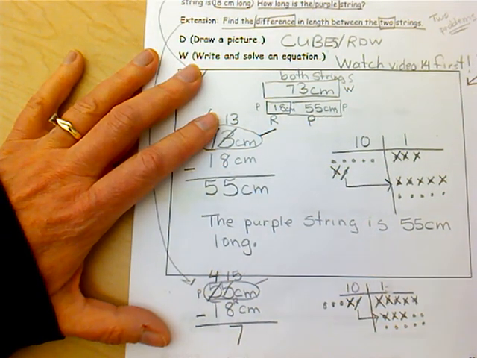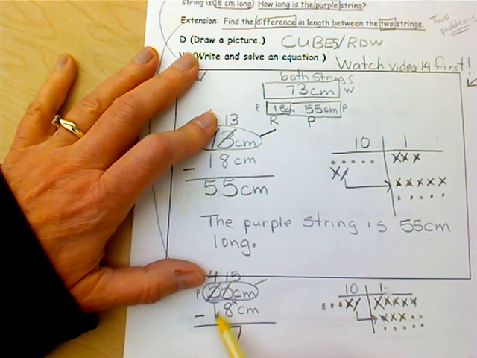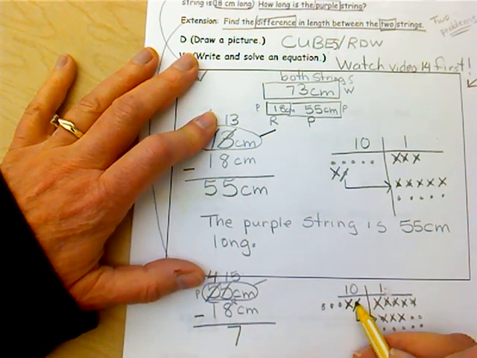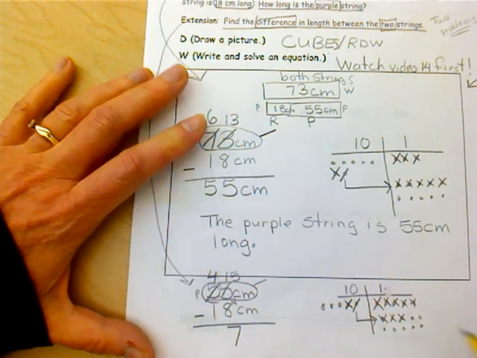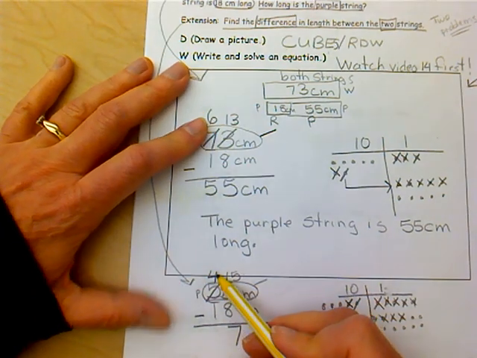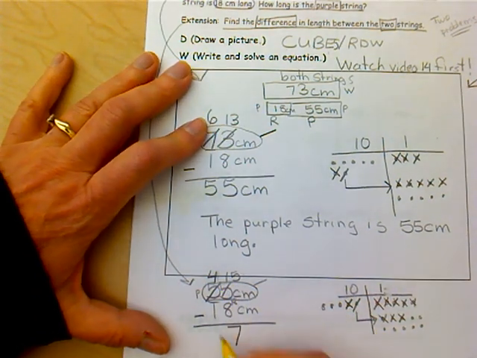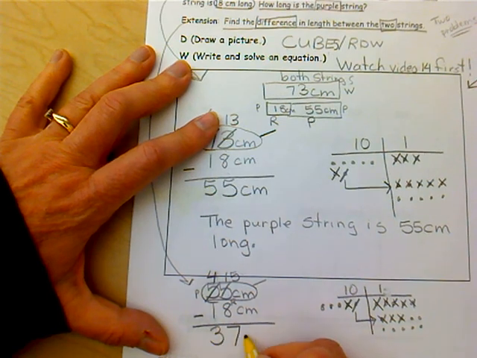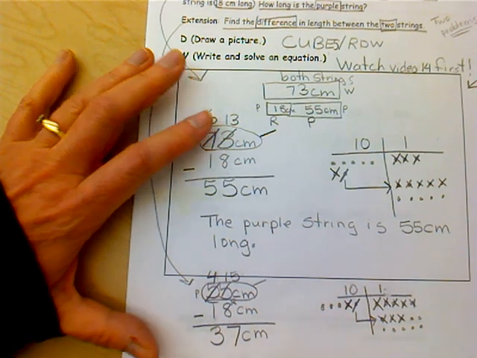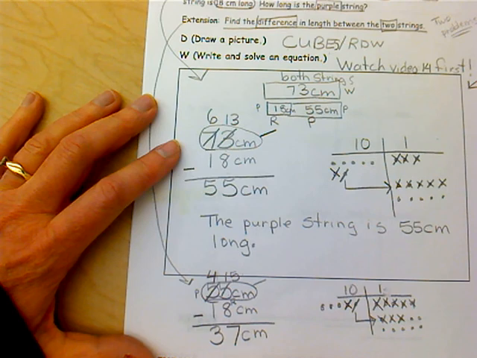All right, and then I have 4 tens, but I'm going to take one more away, which I've already crossed out. That way I can keep track if I lose myself. This one was decomposed. This one actually was taken out of the number. So 4 tens take away 1 ten left me with 3 tens. The difference between the two is 37 centimeters.